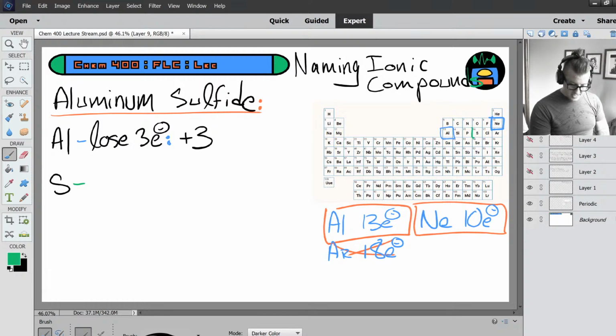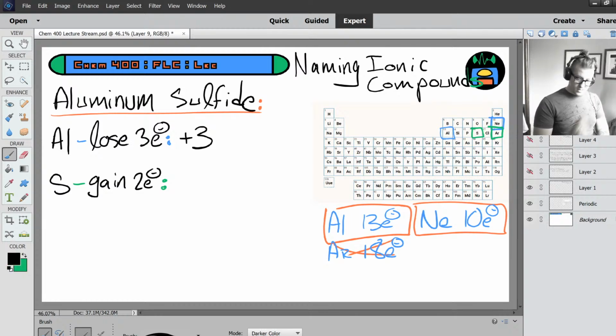So let's locate that. Sulfur has 16 electrons. Its nearest noble gas is argon, which has 18. So sulfur needs to gain 2 electrons to become like argon. So it will pick up a charge of negative 2.